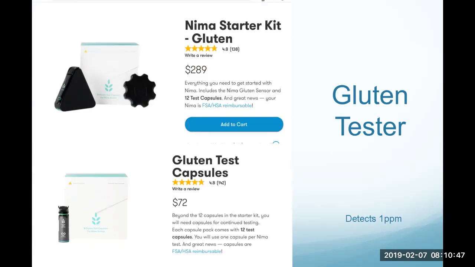So the gluten tester is the in thing, and one of my patients actually told me about it. It's a great thing where you take a piece of food, put it in this triangle thing, and it does some kind of chemical reaction and tells you whether this thing is ready for eating or not, or whether it's gluten-free or not.